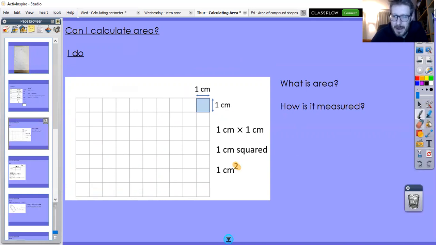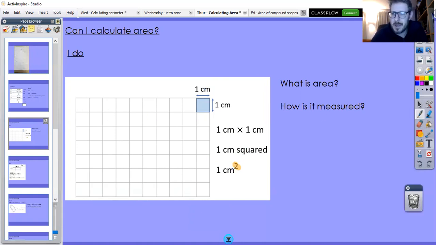Because when we think about area, we are thinking about it in the context of squares. So it's much easier if we have a square, and we can think about how much this square covers. It covers 1 square. So at the moment, the area is 1 centimetre squared because it is covering 1 square. And that's where the squared bit comes from.